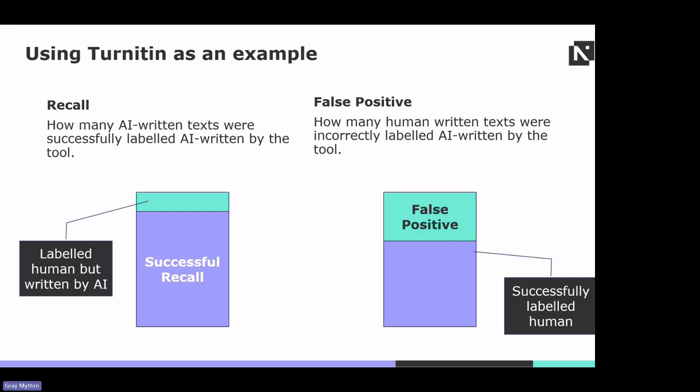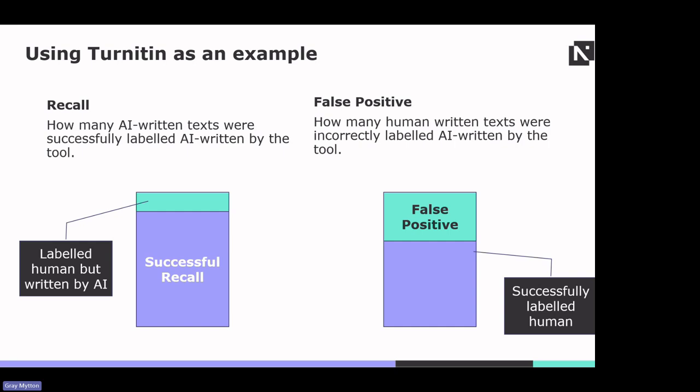Okay, so we're going to delve into this a little bit further. In terms of recall, remember this is AI written text labeled as written by AI, and that would be successful recall. And then there's obviously always going to be some error in the system. So there's always going to be an element of, okay, some text that's written by AI, but for whatever reason, to do with that first slide that we talked about, how the systems work, it gets a label that it's been written by humans, even though it has actually been written by AI.